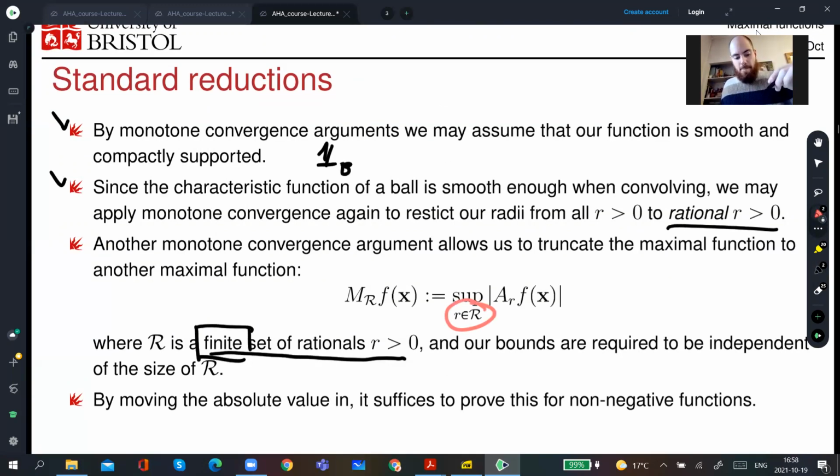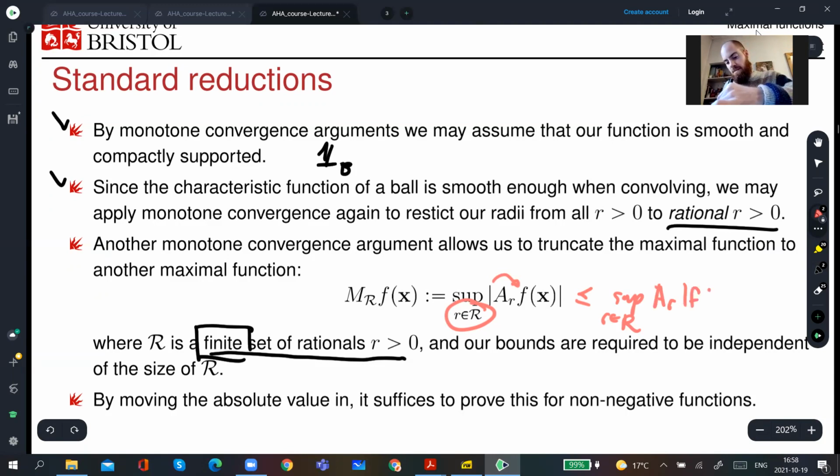But we see that if we just take this and move the absolute value in, it's less than or equal to the sup over R in that finite set of the averages of the absolute value of f. So we just need to show this when our function is non-negative.